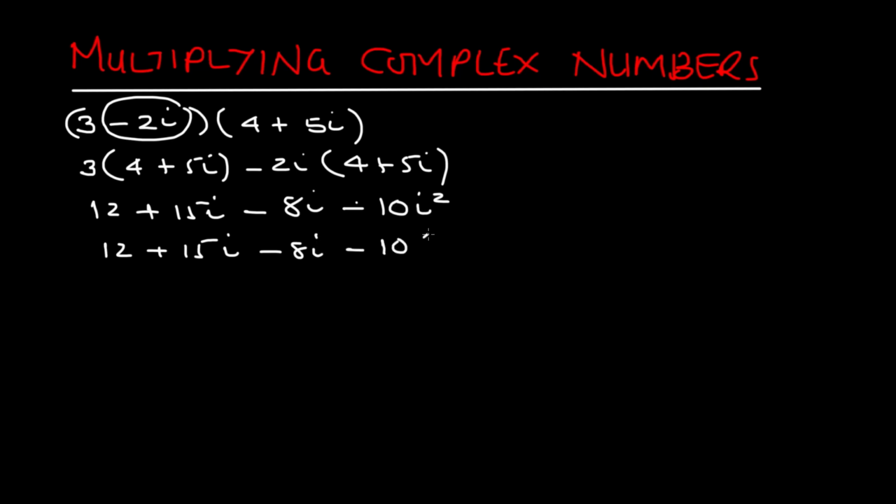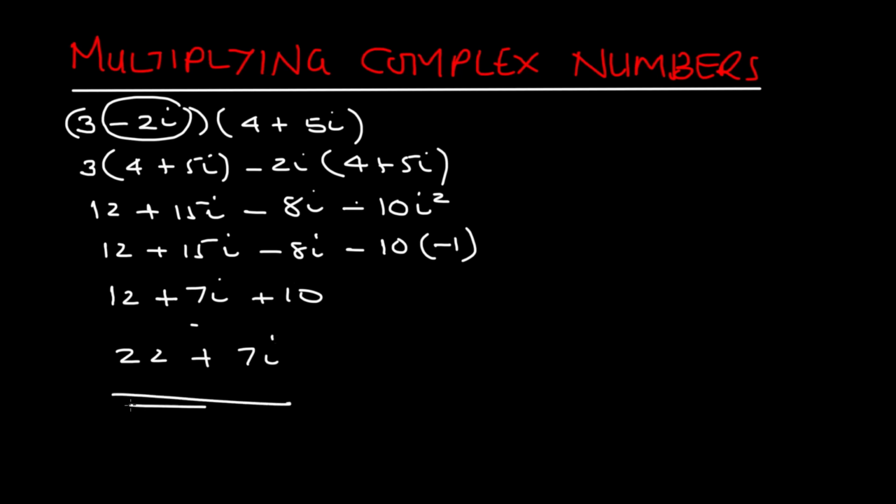So I have 10, and then we say that this is minus 1, so it's going to be minus 1 here. Now what next? I'm going to repeat this, but this time around I'll simplify this. So this is going to be plus 7i, and then this will become positive, so it's plus 10. So my like terms here, I'll collect, and then I'll make sure that this is 22 plus 7i. So that's the product.